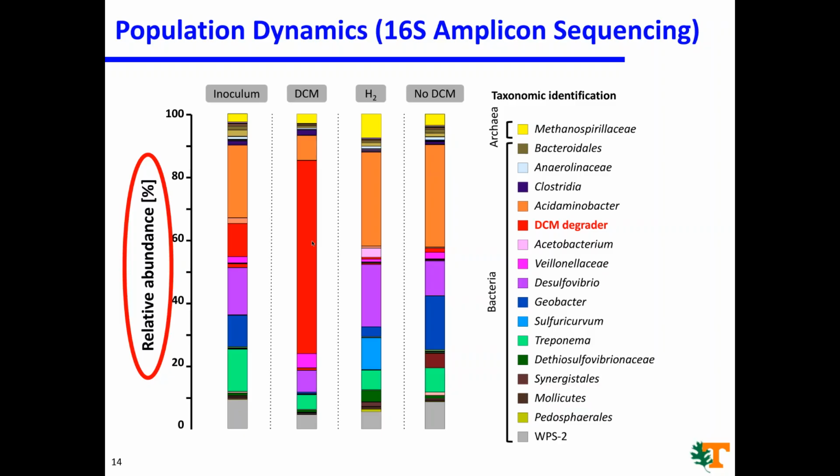So this is one of the shortcomings of these approaches, metagenomics and amplicon sequencing. We don't get absolute abundance information. Theoretically, these approaches could provide absolute abundance information, but not at the current time.